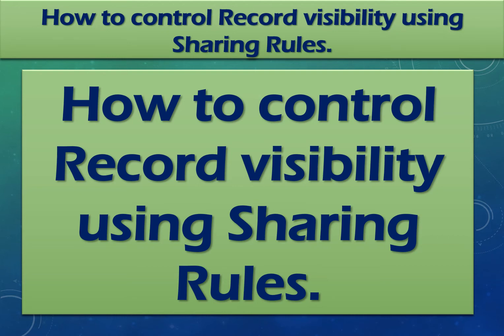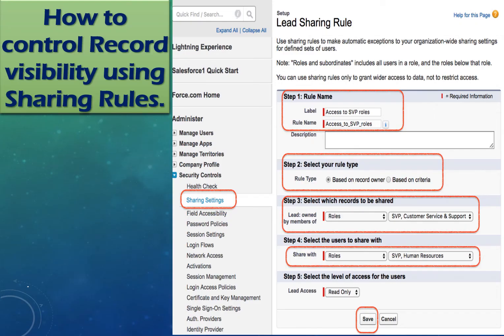Now we move to controlling record visibility using sharing rules. To understand the significance of sharing rules in Salesforce, we have to get a clear understanding of the organization-wide default, OWD. For example, the OWD setting for a particular record is set to private.